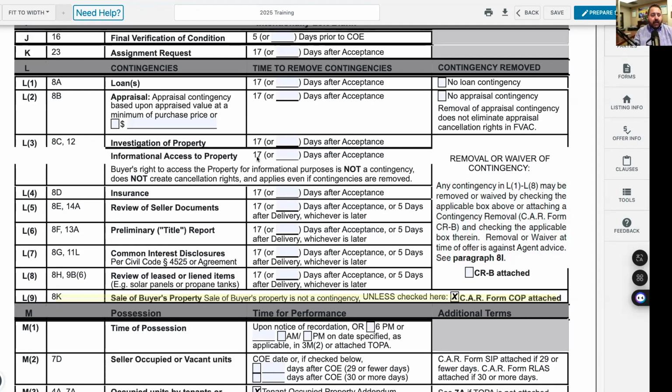So when we're talking about the timelines for a buyer, and notices to the buyer to perform, these are the timelines we're talking about. Whatever changes we make affects our ability to send notices to perform in order to force the buyer to perform on those.